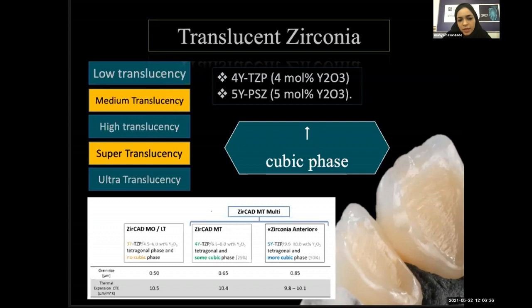So the increasing cubic phase causes the translucency in the materials, and as you see in the lower tables, in the more translucent zirconia, we have more cubic phase and more yttrium oxide as a stabilizer.